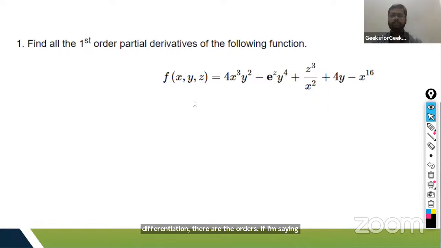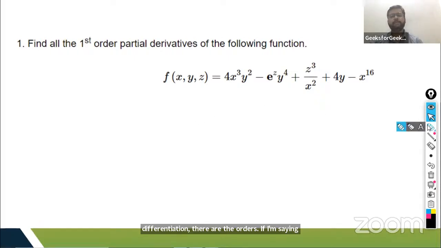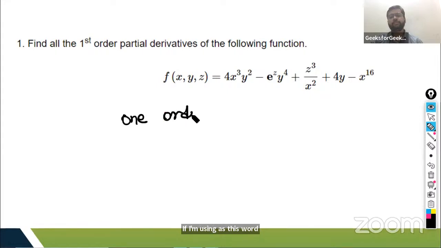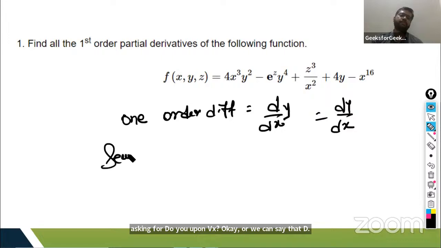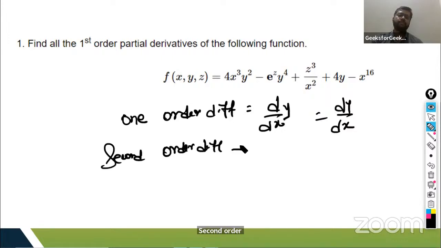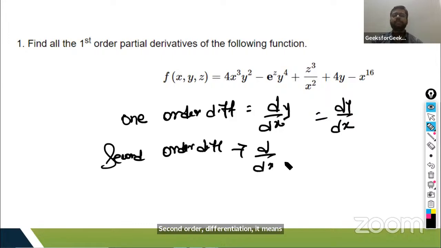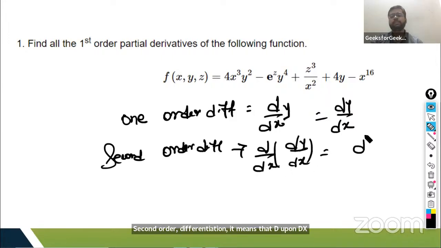If I say first order differentiation, it means they are asking for d upon dx of y, or we can say dy by dx. Second order differentiation means d upon dx into dy by dx, which is nothing but d square y upon dx square.